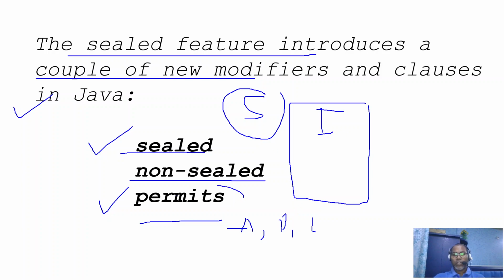So this is the new modifier permits. Permits allows which classes in future are going to implement this interface.